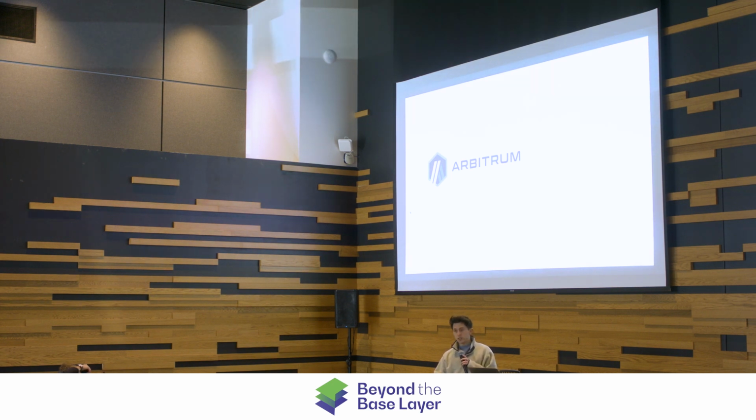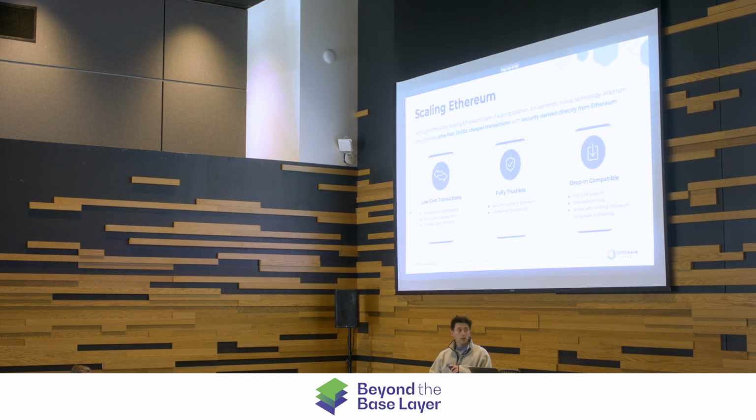Offchain Labs were the original creators of Arbitrum, one of the first optimistic rollups, which has the most TVL of any L2. A few benefits of Arbitrum: cheap transactions. The reason this is possible is effectively bringing execution off chain, and then only having to validate it on chain if there is a dispute.